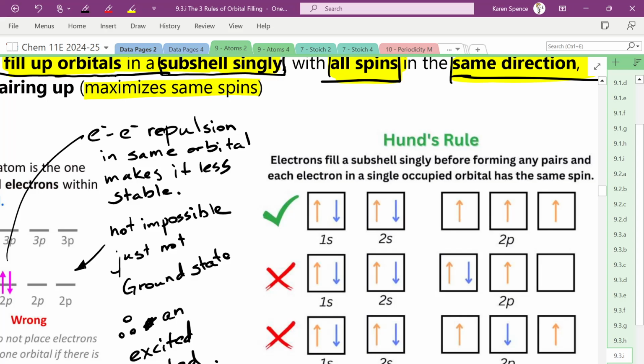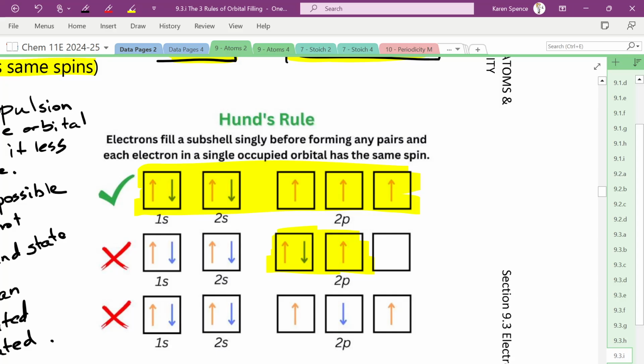So here's just another illustration of Hund's rule. Okay, that's our good one. Is this one here? Hang on, let me shade it in maybe blue so that we can say that one, the blue one. Is the blue state impossible, or is it just not ground state?